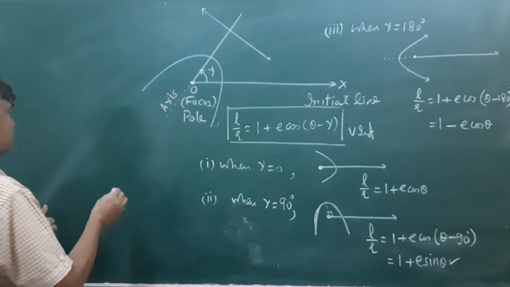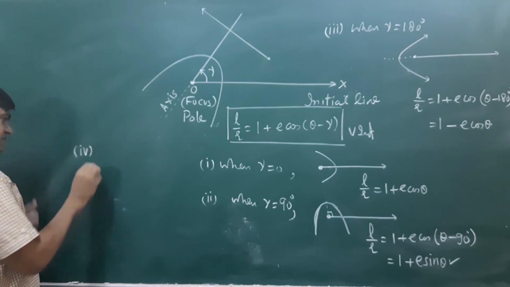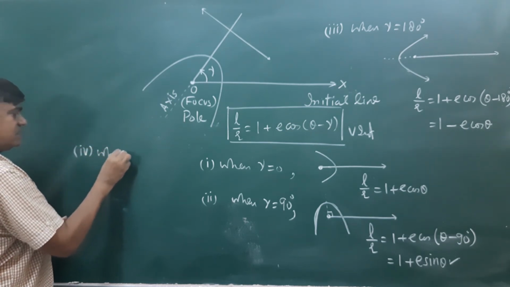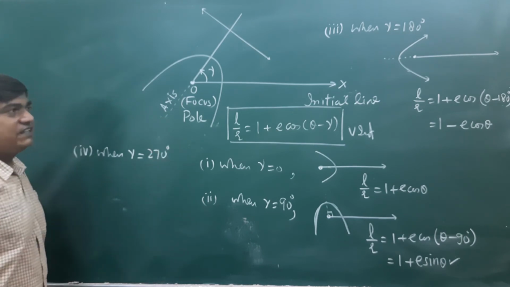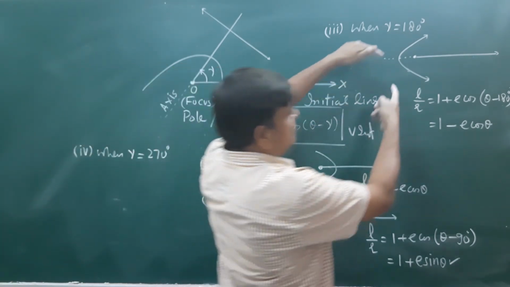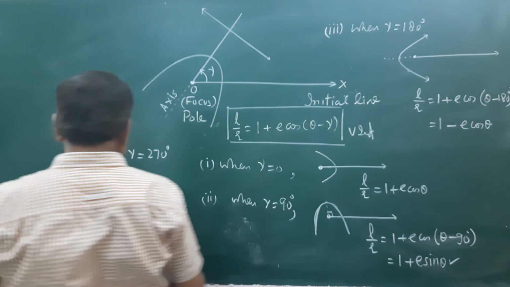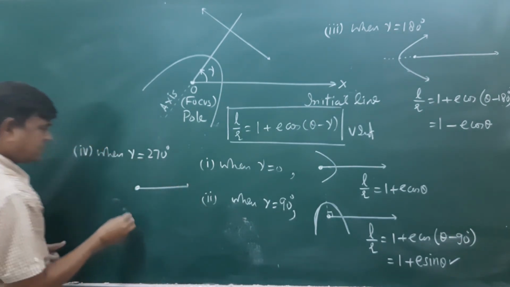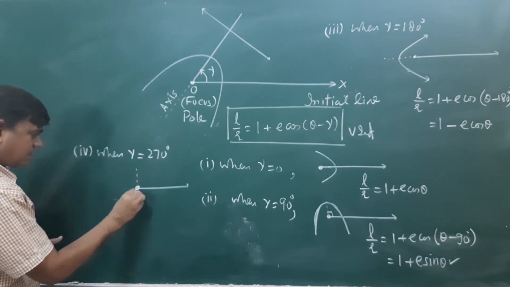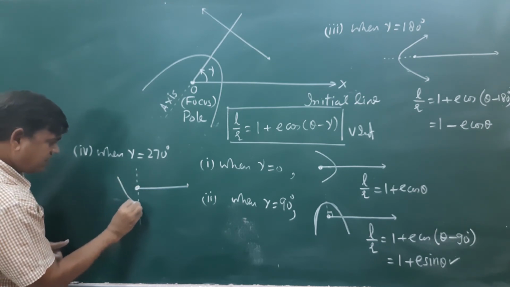And the fourth is when gamma is 270. Just rotate like this, then it will be here.